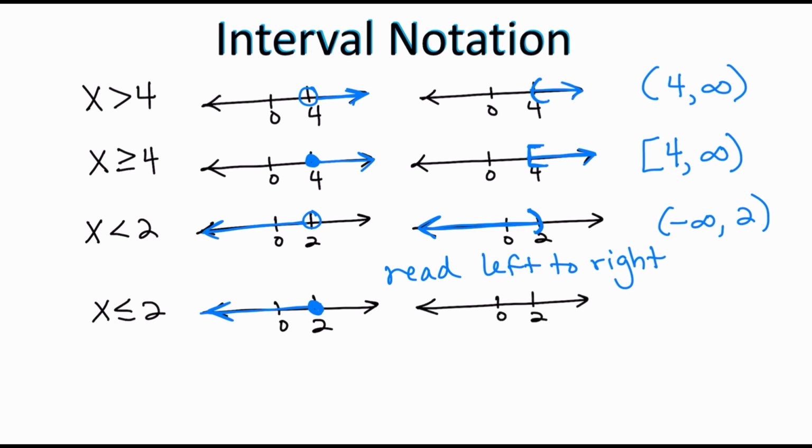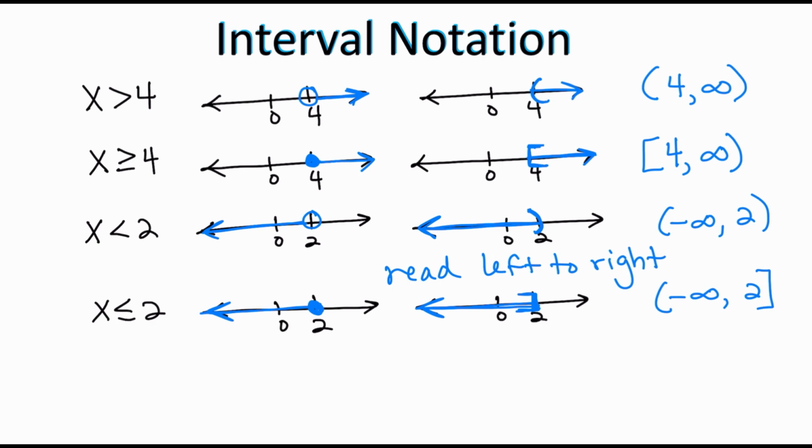In this case, it is or equal to, so you would have a bracket facing to the left. And then in terms of interval notation, I still have negative infinity, still with a parentheses. Remember, infinity and negative infinity will never take on a bracket. And then I basically start from negative infinity and I move towards positive 2. In this case, I do include the 2, so I am going to put a bracket.